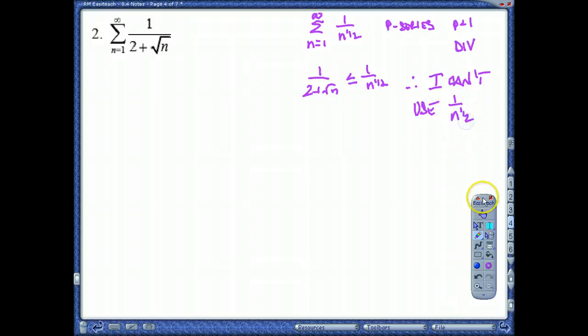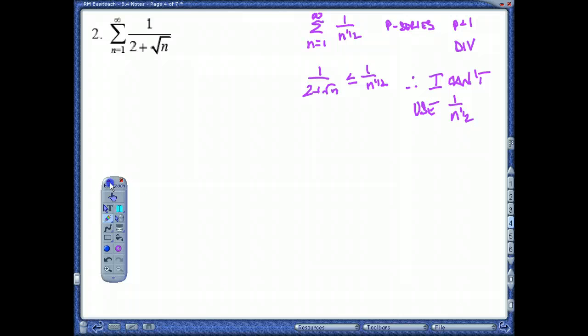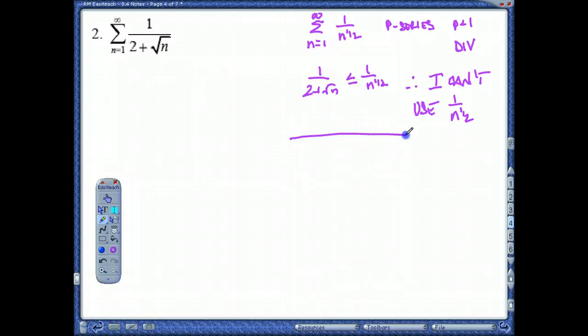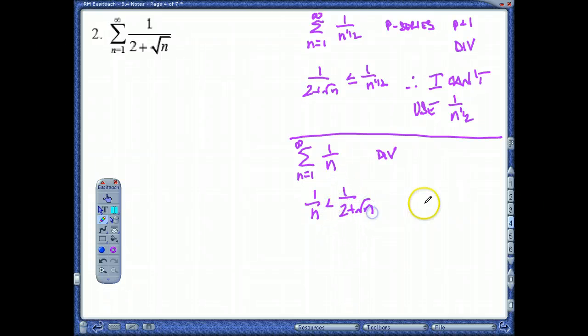So I'm going to have to start from scratch and use a different one. I'm going to compare it with, I like P series, so I'm going to go bigger. Now this is a harmonic series, so I know this one diverges, and I know that it is smaller than my 1 over 2 plus square root of n.